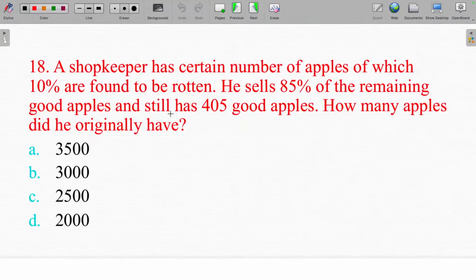This is an easy question, I think. Try this. He still has 405 good apples. How many apples did he originally have? You try this question. I will give 1 minute. Try this question.